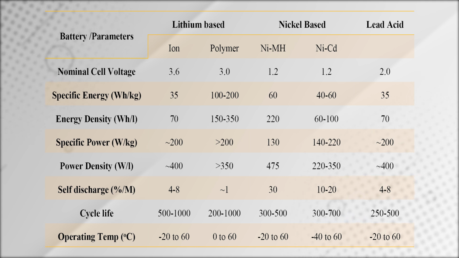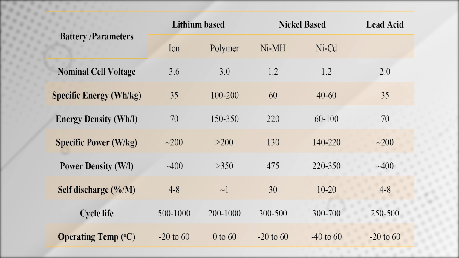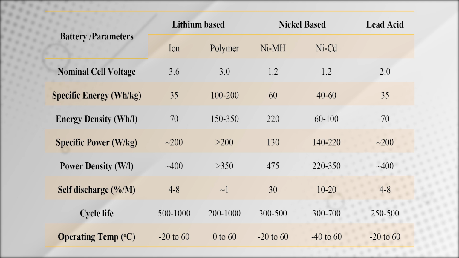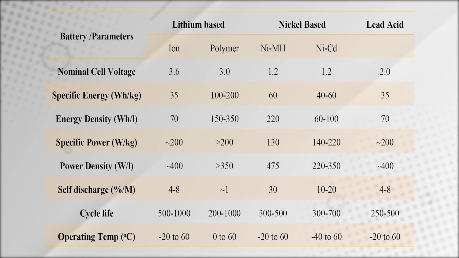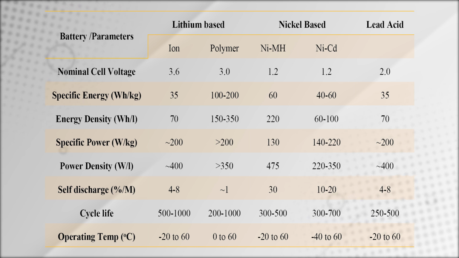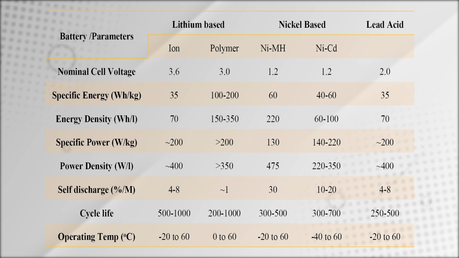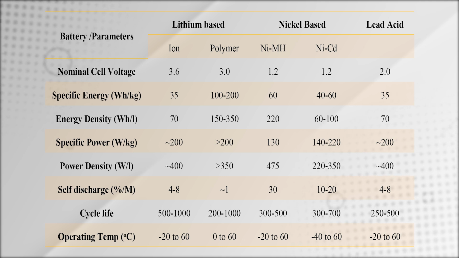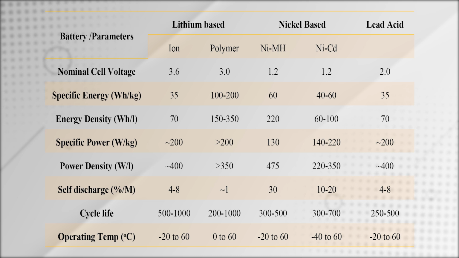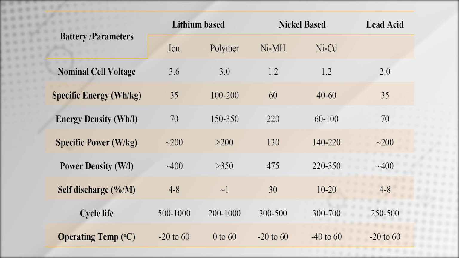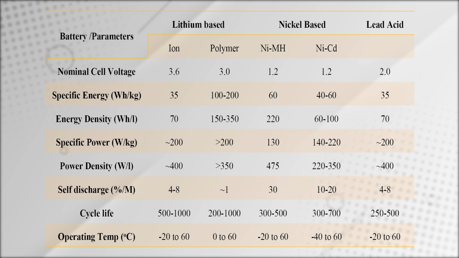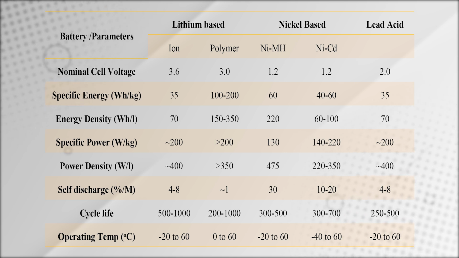One can assess one's battery requirement based on these characteristics, and accordingly choose whether lithium ion based batteries are good, or lithium polymer batteries, or nickel metal hydride based batteries, or nickel cadmium based batteries. Any selection of the battery has to go through this comparison, and accordingly one can select and identify the battery technology.